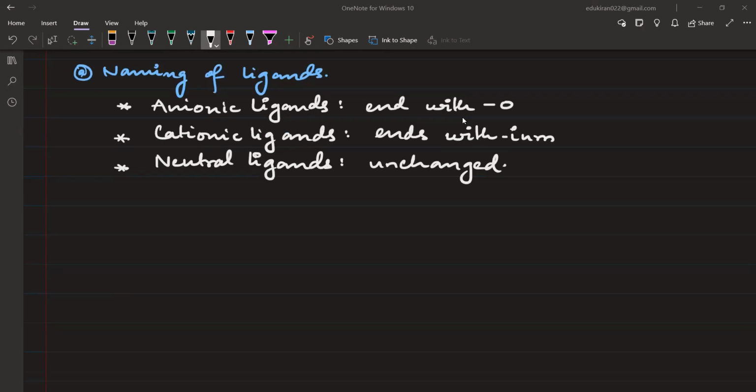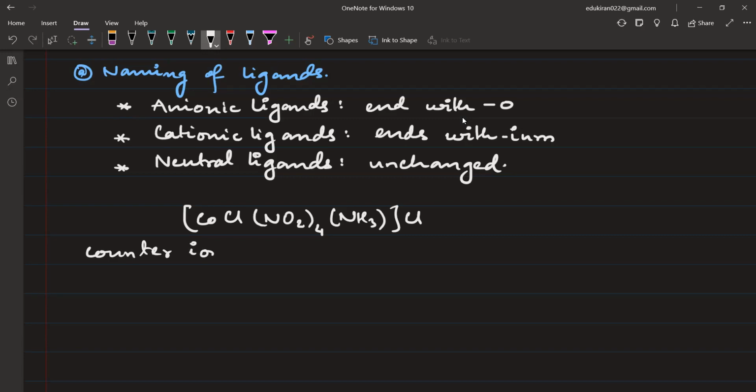Okay. Now, in the naming of ligands, for example, जैसे मान लीजिए आपके पास है, you have cobalt, 1 chlorine, you have NO2 whole 4, and then you have NH3, and here you have Cl. Okay. Now, first of all, tell me, अभी तक मेटल को हमने नेम नहीं किया है, but we can name the counter ion. तो यहाँ पे काउंटर आयन क्या हो जाएगा बताइए गाइस.